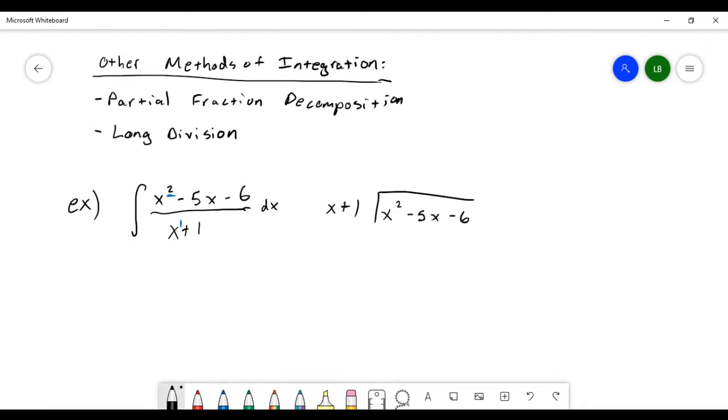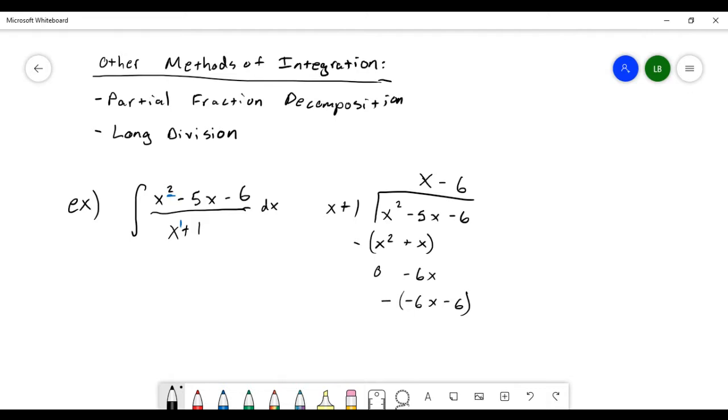Say, okay, how many x's does it take to multiply x and get x squared? That'll just be x. And again, we would say x times x is x squared, x times 1 is x. And then we subtract this out, so our x squareds cancel, we get minus 6x. That would make minus 6. And negative 6 times x gives us negative 6x. Then minus 6.